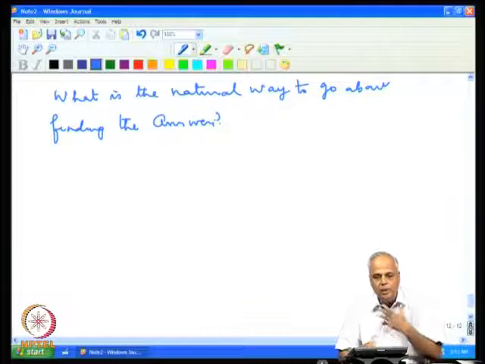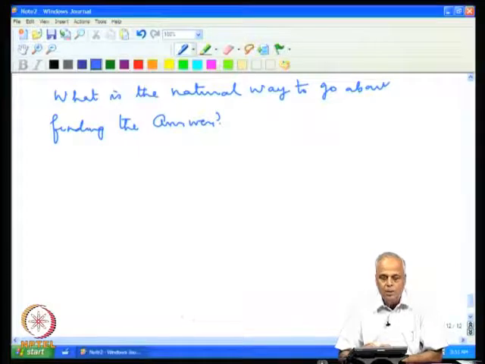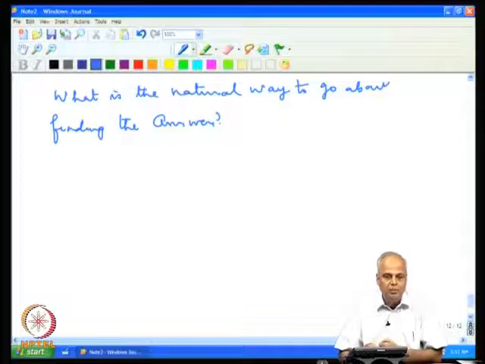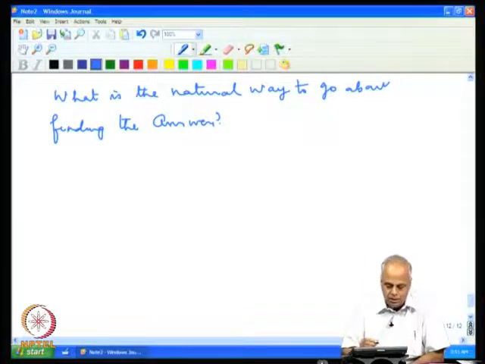The natural way a mathematician goes about it is, whenever he has a problem which is difficult to solve, look at the simplest version of the problem, see what mechanisms are involved in it, and the knowledge gained from that helps him handle the most difficult or most general situation.